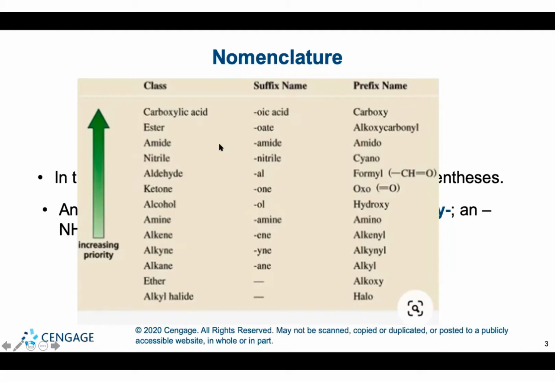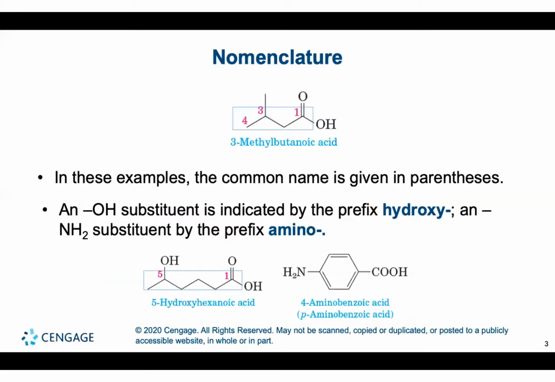So we should use the parent name based on the carboxylic acid, oic acid, and my alcohol should use hydroxy as a prefix because it is not the parent name. If we go back here, we start numbering 1 from the carbonyl group because, as I said, this is the prior group. The carboxyl group is the prior group because it's at the top of the table compared to the hydroxy or alcohol group here. So it's going to be 5-hydroxy hexanoic acid.